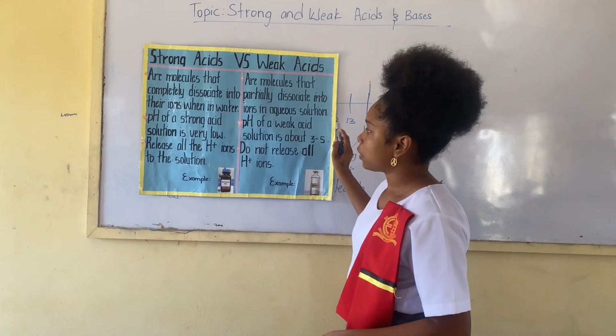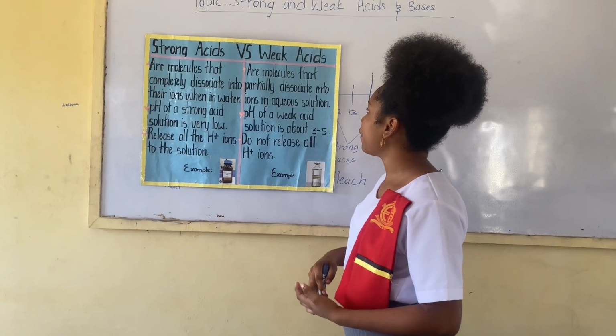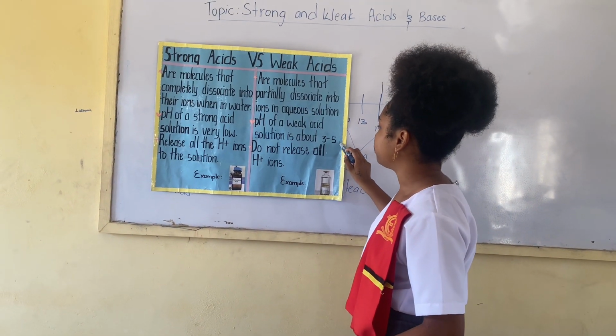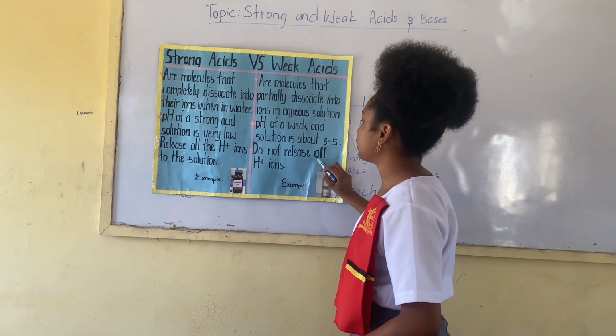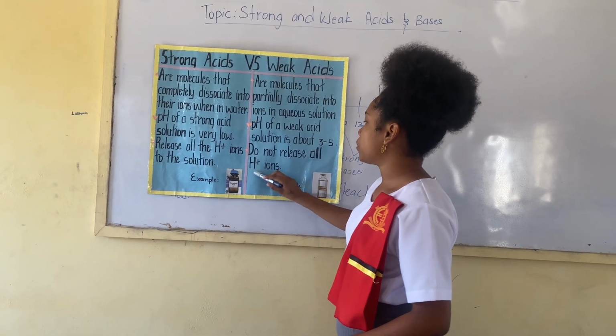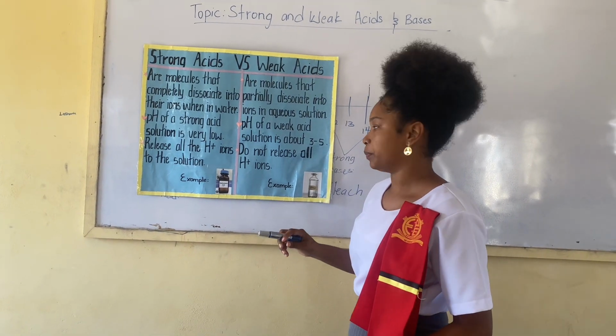The second point, the pH of a weak acid solution is about 3 to 5. We said just now that the strong acid is from 0 to 3, and the pH of the weak acid will be from 3 to 5. The last point says that weak acids do not release all of their hydrogen ions because they do not break down fully.